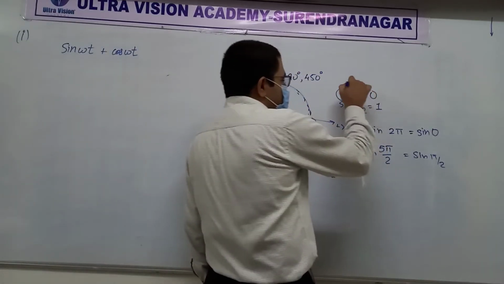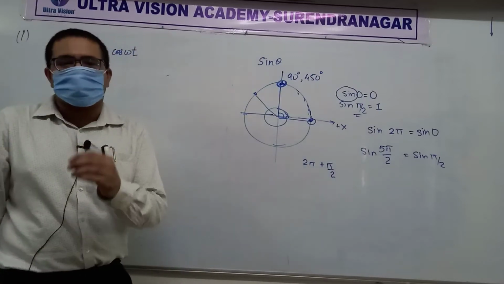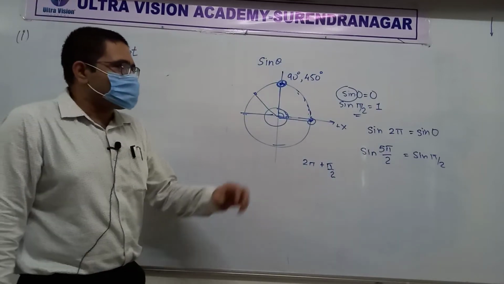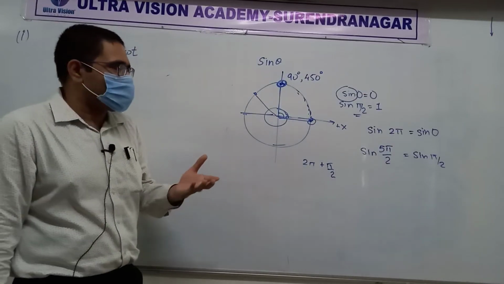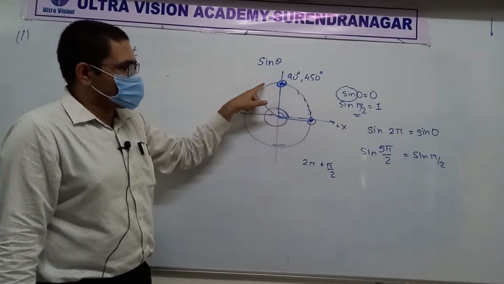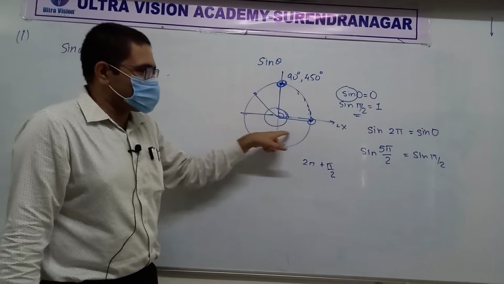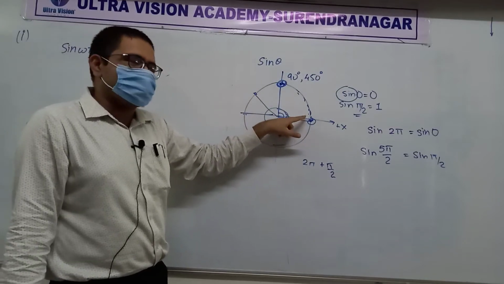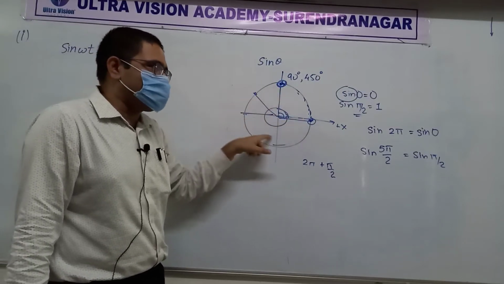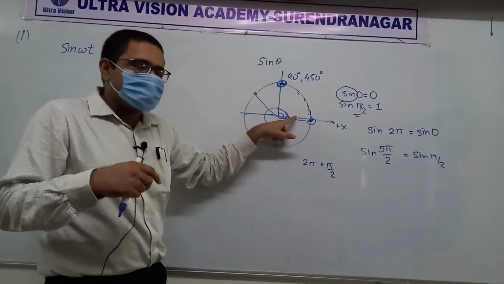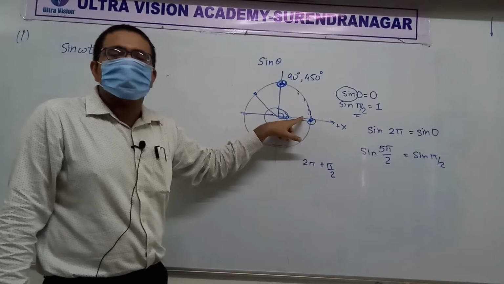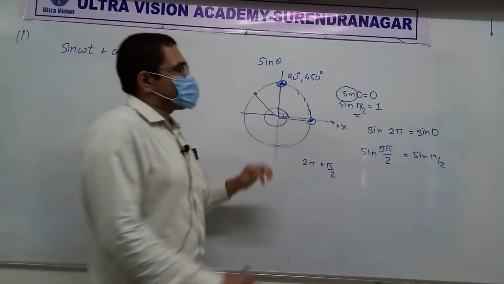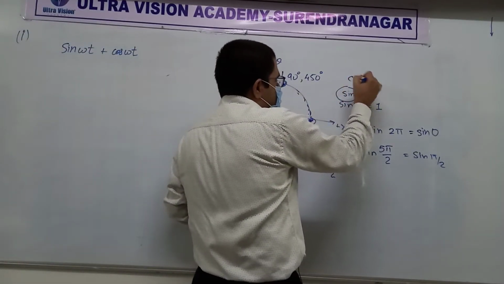So sine is one of those kinds of mathematical expressions where the values are repeated. You start from 0 to 360, and then from 360 all the way to 720, all the values are going to be repeated. Then once again from 720 degrees to 1080 degrees, the values will be repeated. The same thing can be said about cos.